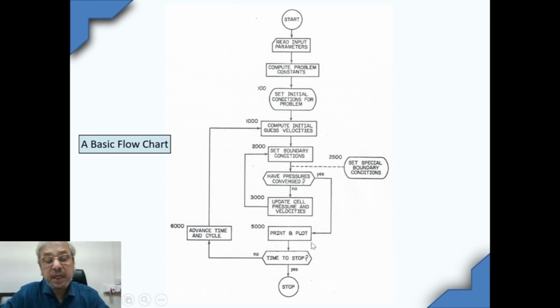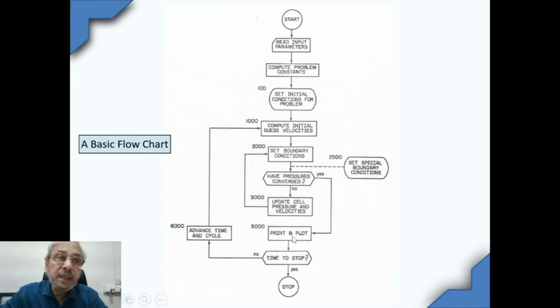And if we want to store all intermediate unsteady flows, we will make use of the 5000 level. Here it is written print and plot. So we can print the values, we can plot the values, or we need not do either of these.